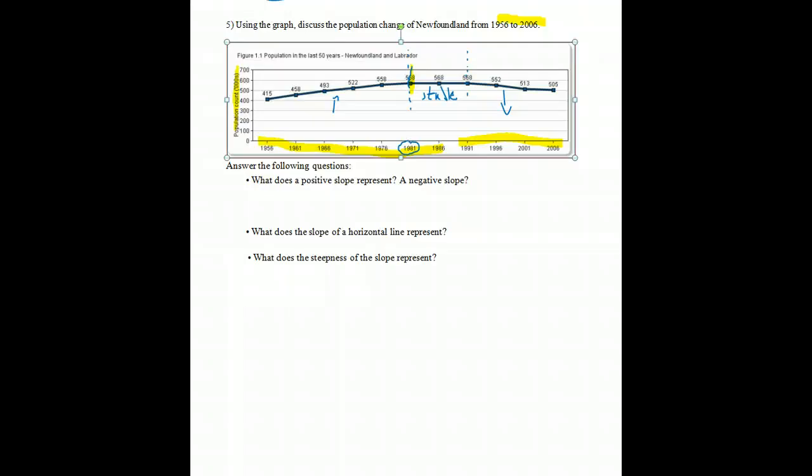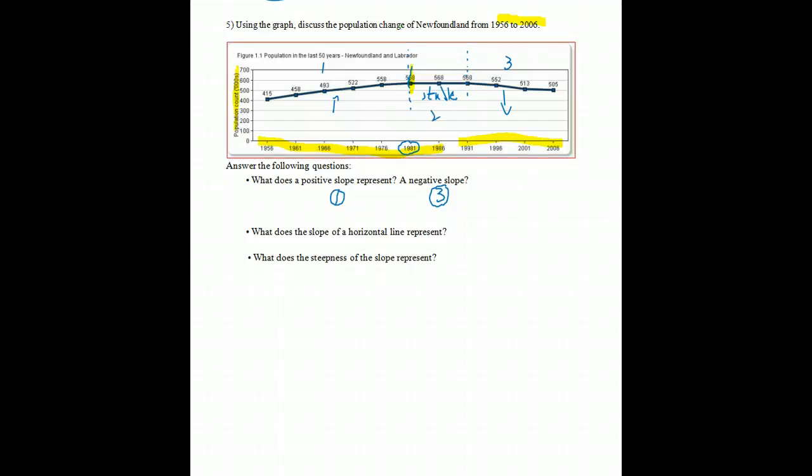and a negative slope on this side over here. So we'll say this is section 3 of the graph, section 1. So section 1 of the graph would have positive slope, it's increasing, getting more people. In section 3 of the graph, from 1991 to 2006, population is decreasing. What does a horizontal line represent?